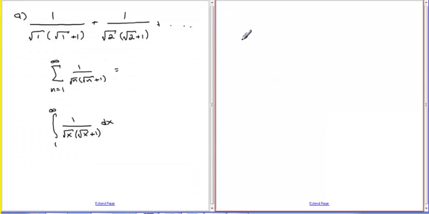So we are going to make the substitution that u is the square root of x plus 1. So that's a term in the parentheses. So du is going to be equal to, well, before we do that, let's rewrite the square root as a fractional exponent. So you take the derivative and you get that.